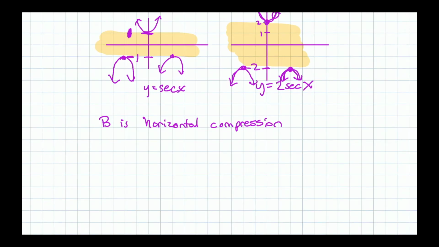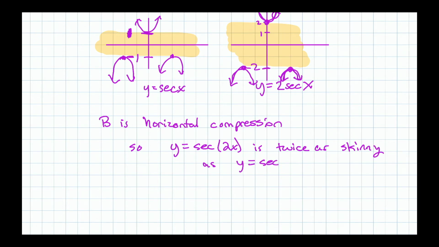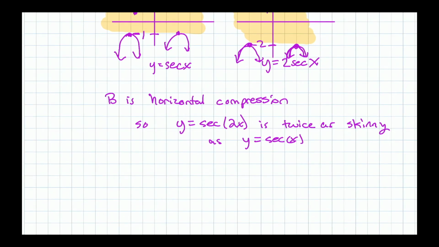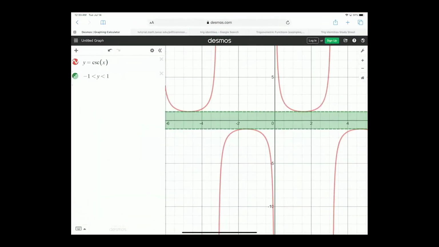It means that y equals secant 2x is twice as skinny as y equals secant x. I'm not going to draw a picture of that because it's a lot easier to see on a real graph, so I'll say that and then show you.